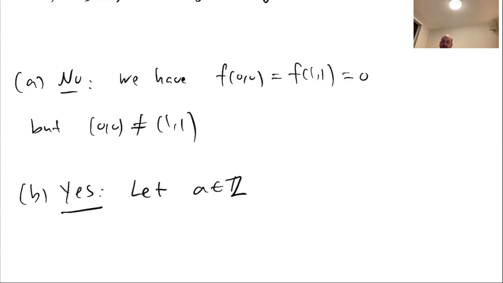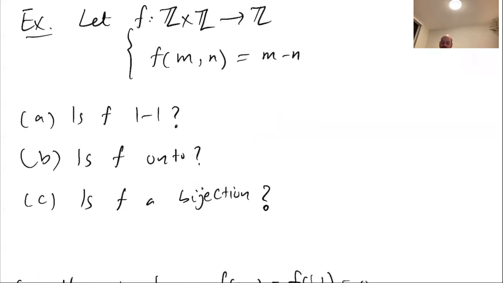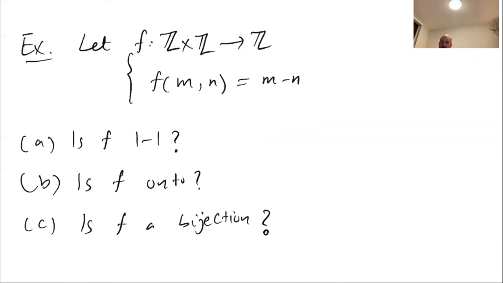In other words, I have to find an input in the domain whose output is A. And what is A? A could be any integer. It could be 0, could be 1, could be 5, could be -5. That's why I'm saying that I have to prove in general. So I just consider some A in Z. It could be anything.